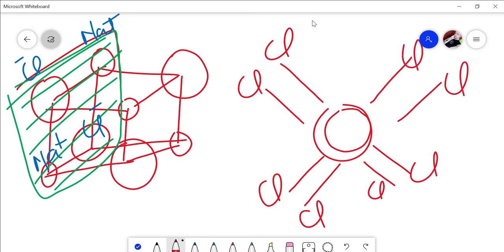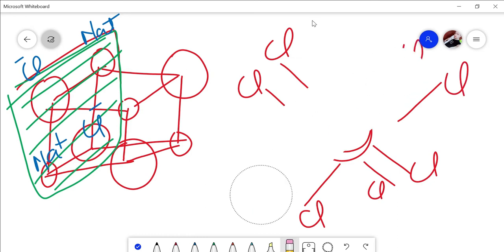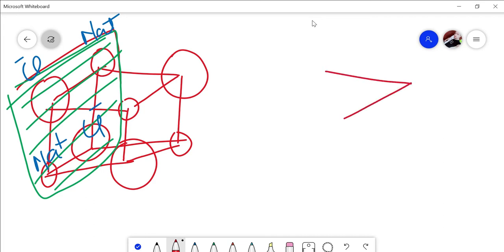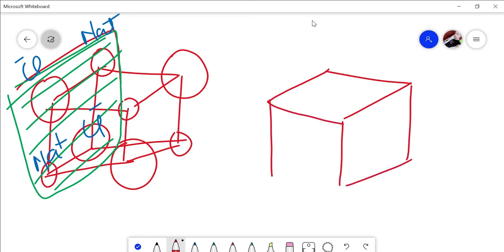So if I want to draw a box-like structure, how will I draw this? Keep in mind, this drawing is not part of the course, this is just to make you understand. The sodium chloride drawing is part of the course. So let me draw a box. This is a box, okay? Keep in mind the box corners are not the connecting points like in sodium chloride.